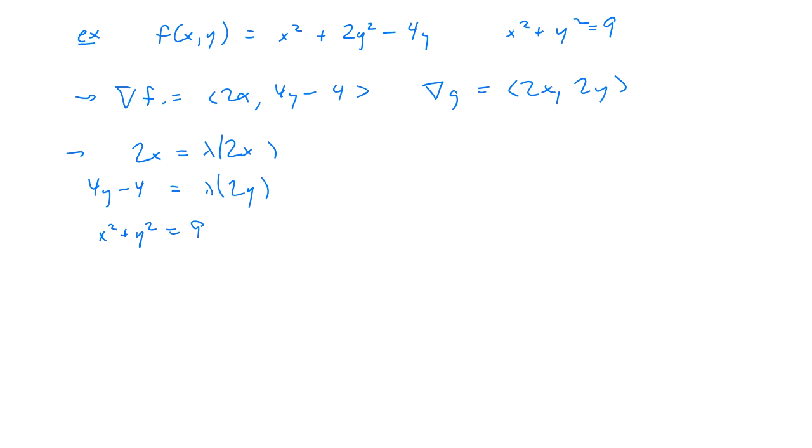So this one is pretty easy. What's the only way this is true? So either x is equal to 0 or lambda is equal to 1.